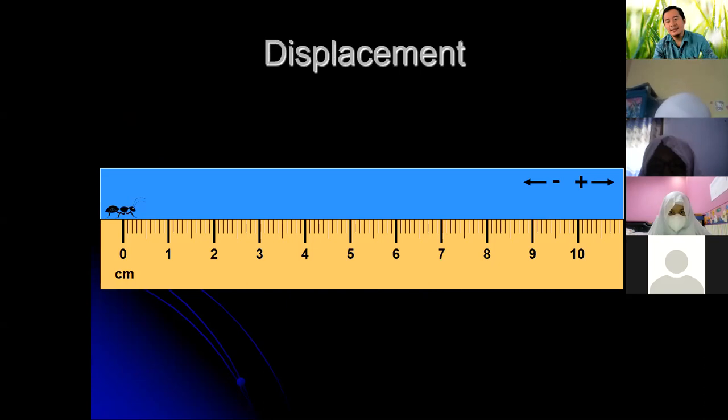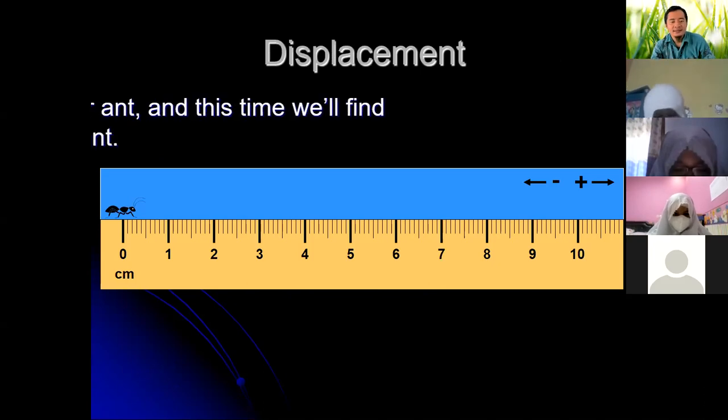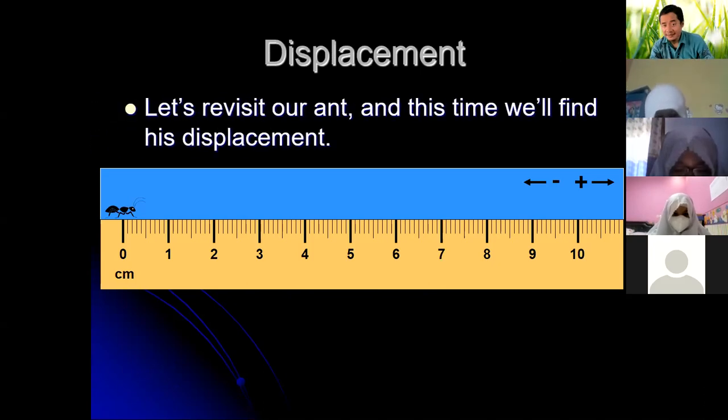This is displacement. We have the understanding that going to the right becomes plus, going to the left becomes minus. Let's revisit our man again, and this time we'll find his displacement, not distance, for this moment.